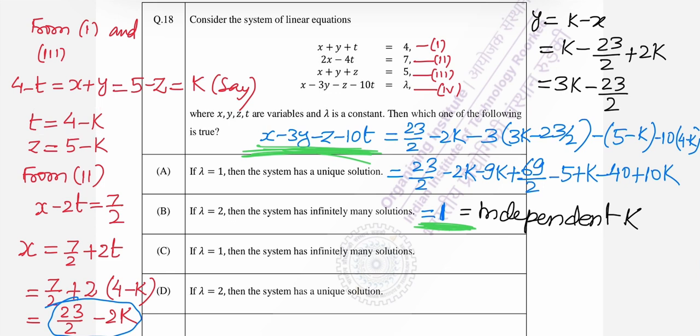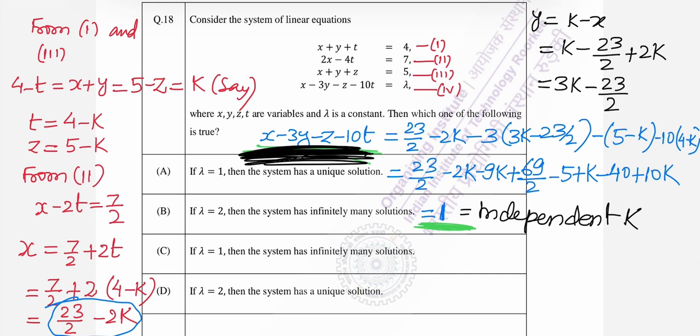All the variables given in the question depend on k, but this value does not depend on k. This means that the value of this expression is independent of x, y, z and t.